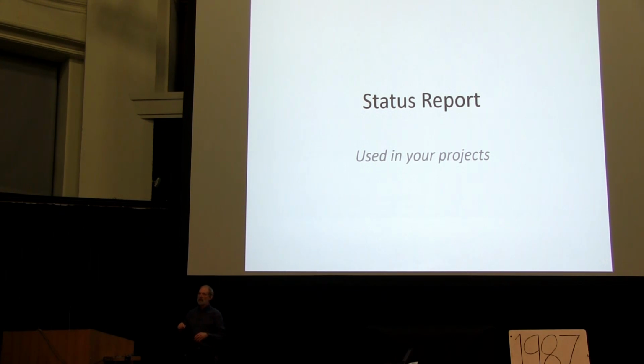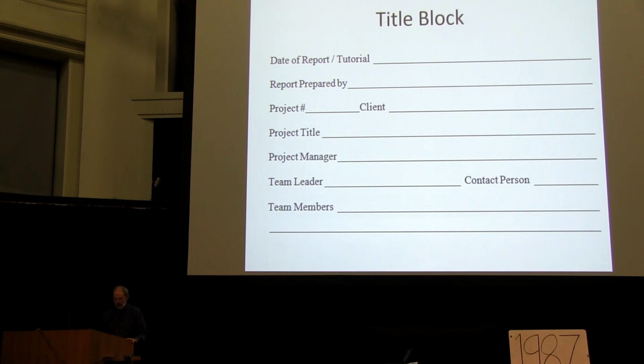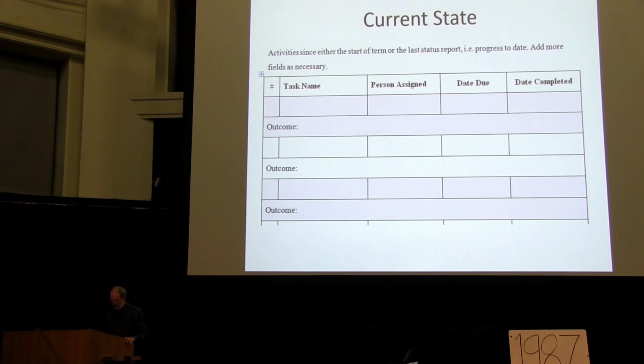What this means is that you're going to sit down with your project manager and your TAs, and you're going to say, here's where I am, here are the kinds of issues that I'm encountering, and here's what I'm going to do in the future. So let's go through and see how the status report looks. First of all, there's a title block, so that's pretty easy. You can fill that out. Then you'll report on your current state.